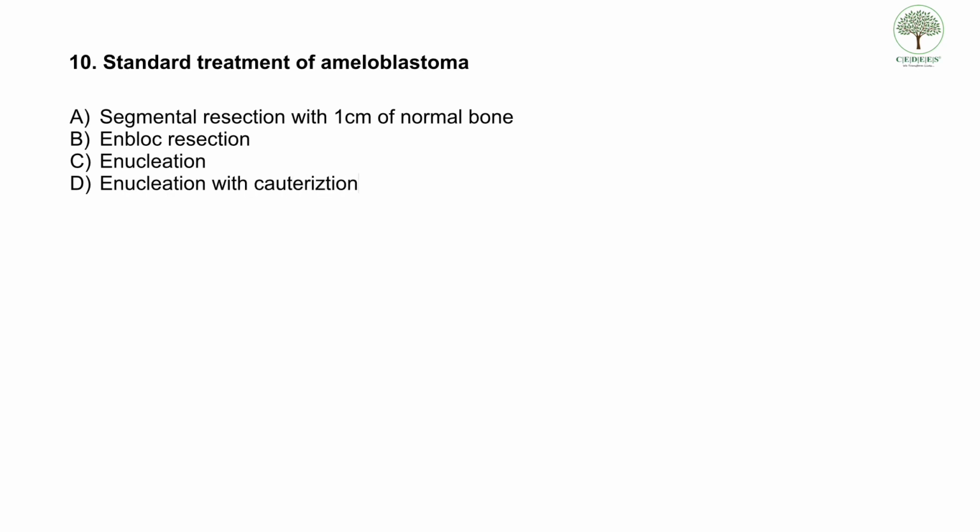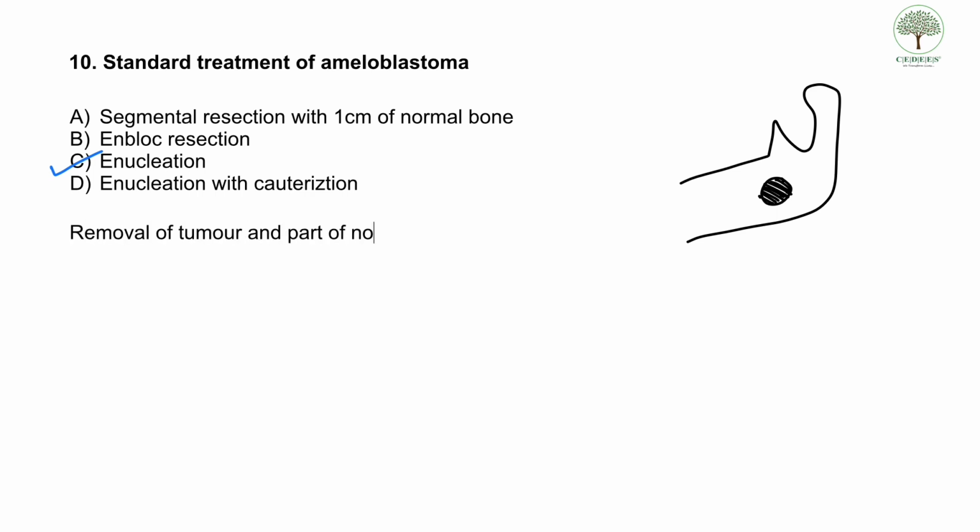It's standard treatment. Our options are A, segmental resection with 1 centimeter of normal bone, B, en bloc resection, C, enucleation, D, enucleation with cauterization. The correct answer is option A, segmental resection with 1 centimeter of normal bone. Now, segmental resection means removing the tumor along with a part of normal tissue around it to prevent recurrence.